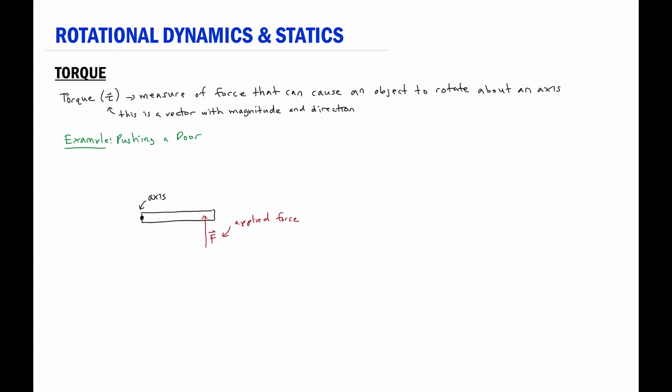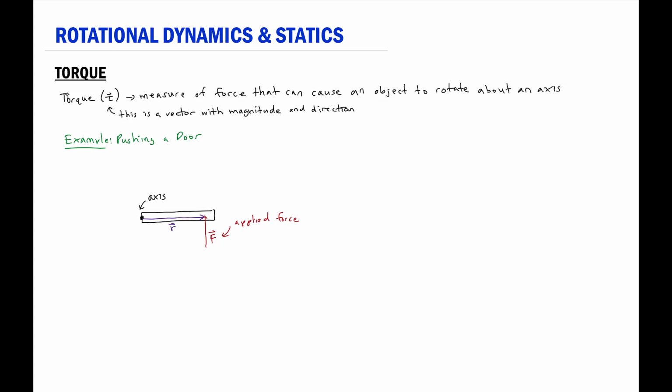Something else that we need to remember is that this applied force happens a certain distance away from the axis of rotation, and we call this distance r, which is also a vector. Just keep in mind, r represents the distance away from the axis of rotation that you're applying the force, but also we call this r because usually it has to do with the radius of the rotational path.